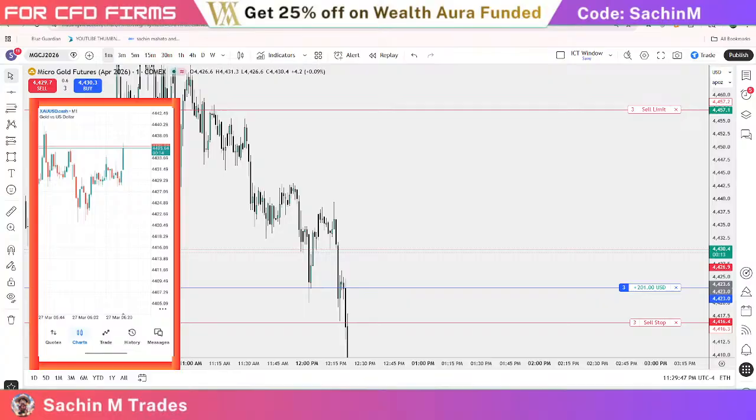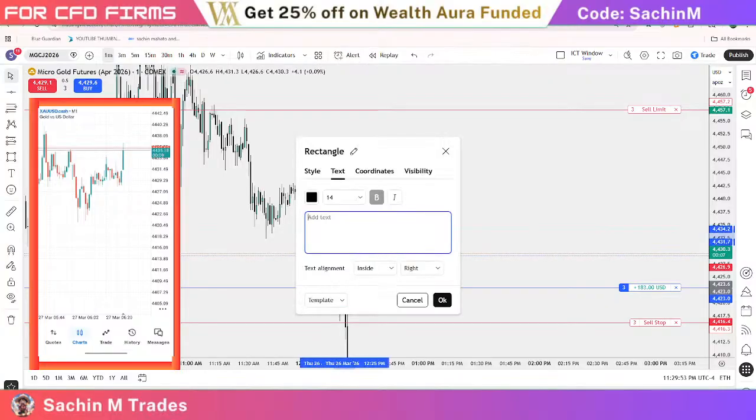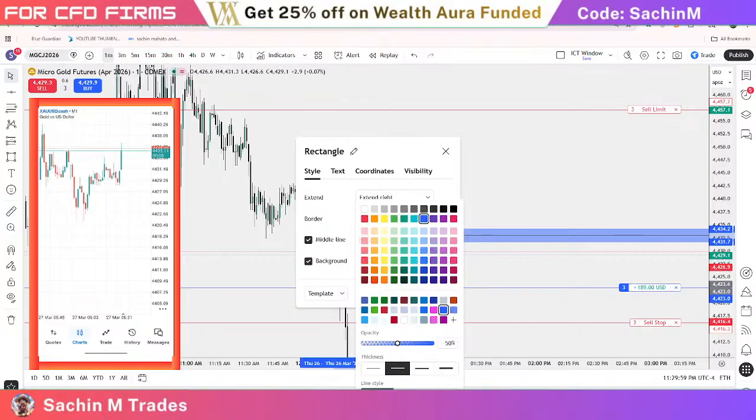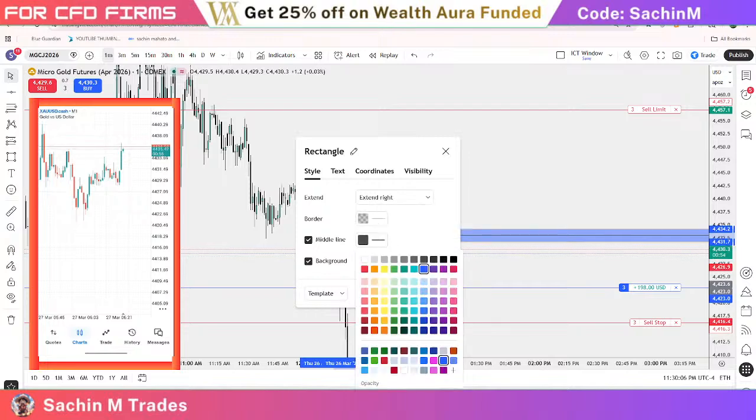We can have this fair value gap as our potential enemy. Extend to right, reduce for the volume imbalance.